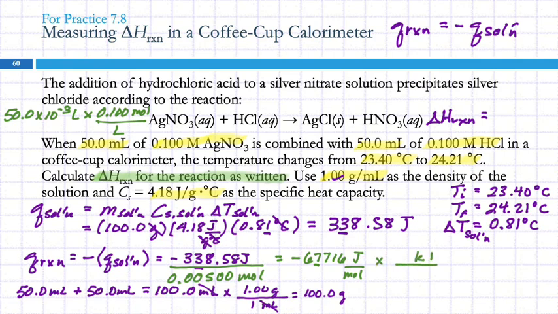So we can convert to kilojoules by remembering what kilo means. Kilo means 10 to the 3. So 1 kilojoule is 1 times 10 to the 3rd joules. So this would be minus 68 kilojoules per mole. So up here, delta H then is minus 68 kilojoules. Any questions?